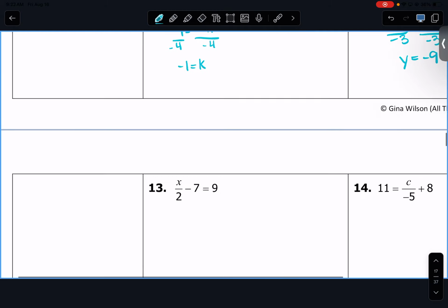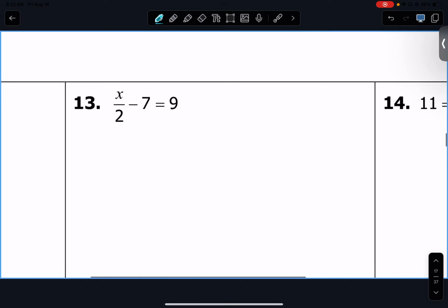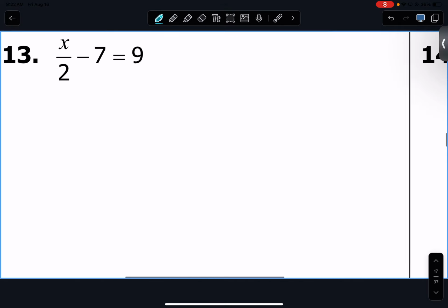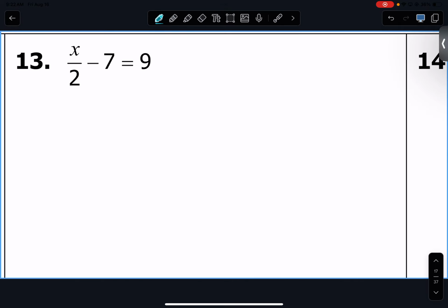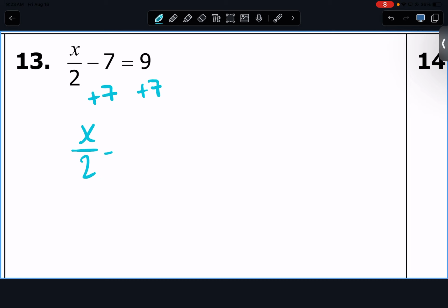All right. Now we are going to look at number 13. What do I do for 13? Okay, now what? Okay, so what's it equal first? Okay, so we get x over 2 equals 16. Now what do I do?